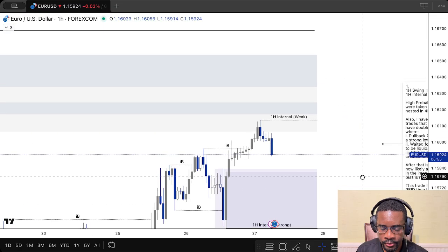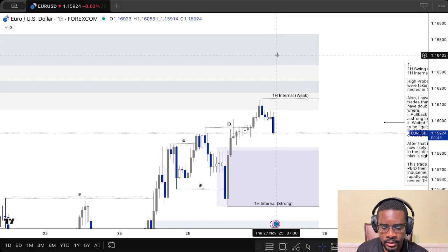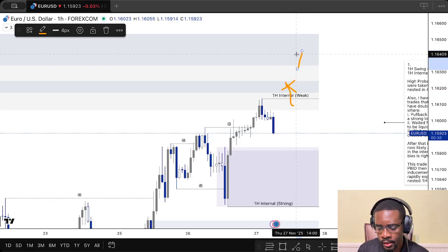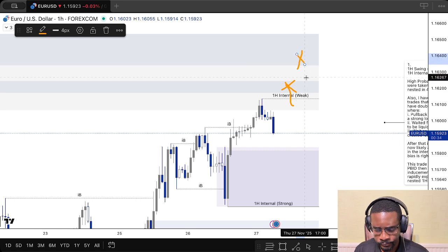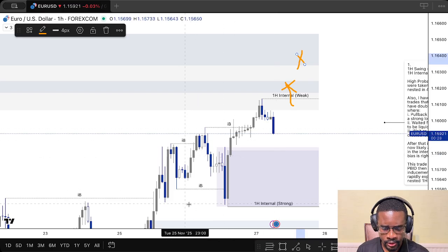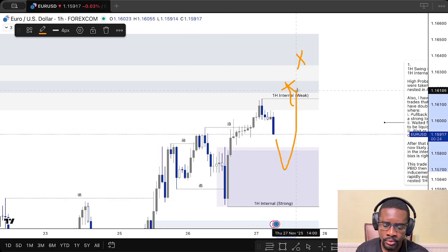We really don't have anything for shorts, except when price mitigates these levels, then we can start to look for shorts. If this one fails, then we look for shorts from here. But other than that, for now, the expectation is that order flow is bullish, so we expect price to mitigate that and then continue bullish.